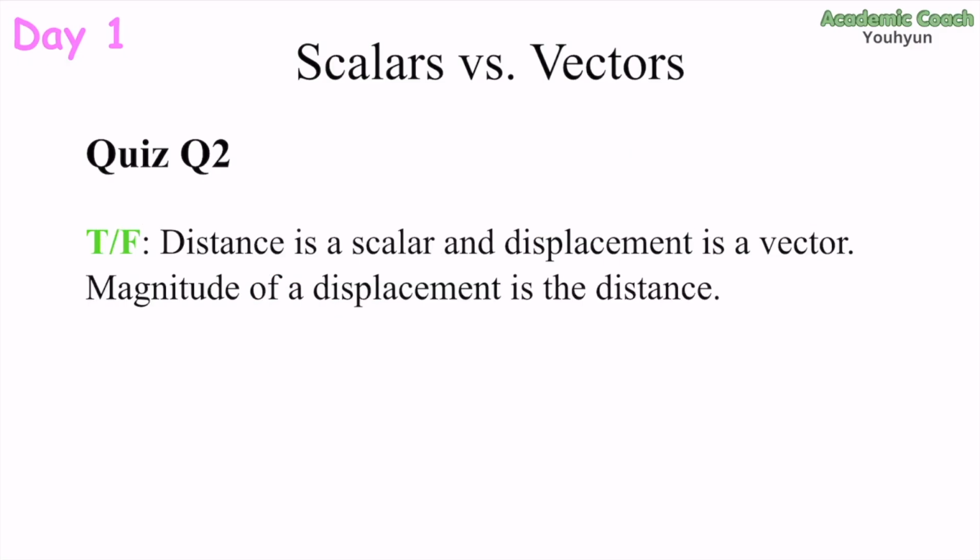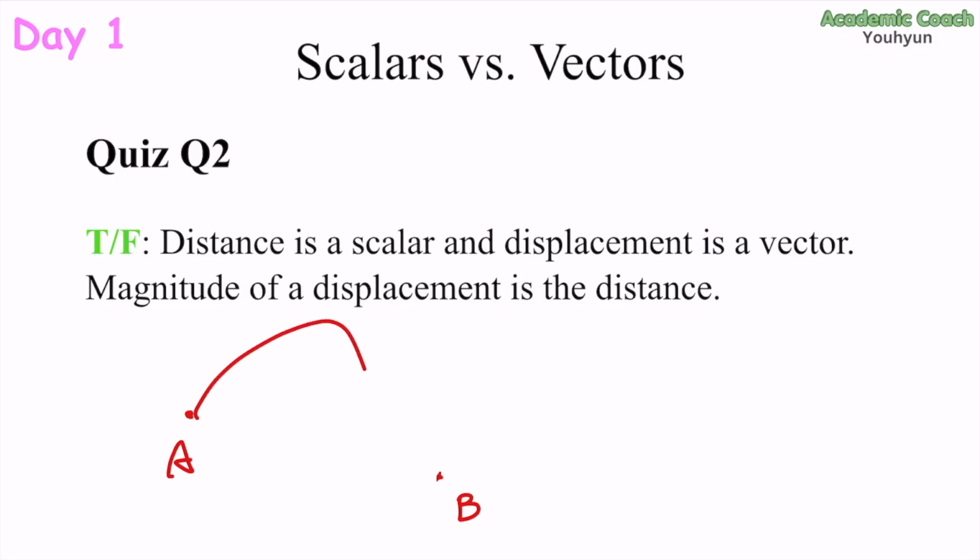Okay, here's another true or false question. Distance is a scalar quantity while displacement is a vector quantity. So the magnitude of a displacement is the distance. Well, I think not all of you know the answer. So again, there are 2 points, an initial point and a final point.